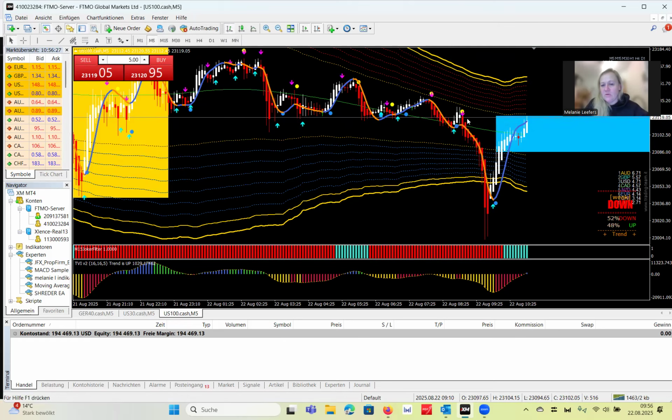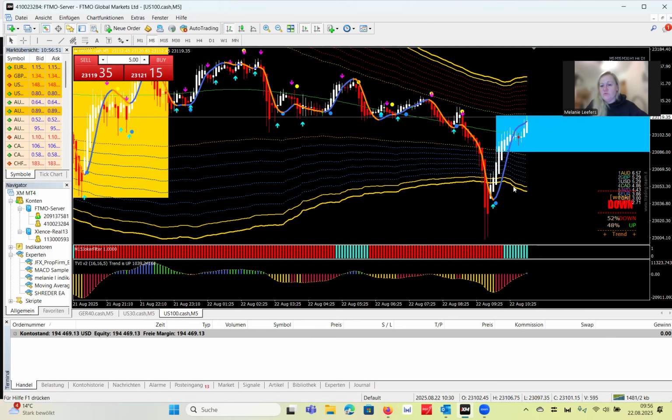I only take these kinds of trades when this is red, because this is bearish, and this has to be red also or yellow. So this is a strong bearish trend. So I only use the signals when everything fits together: yellow, pink, red, red or yellow.